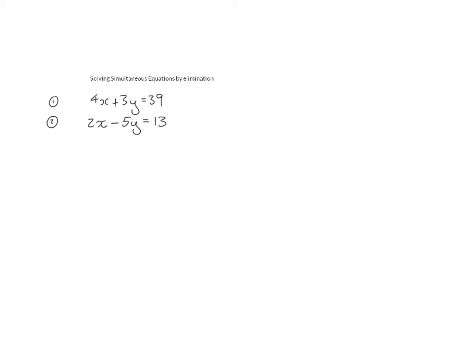I'm going to write down equation 2 multiplied by 2, so I'm reminding myself what I'm doing. That is 4x minus 10y equals 26.